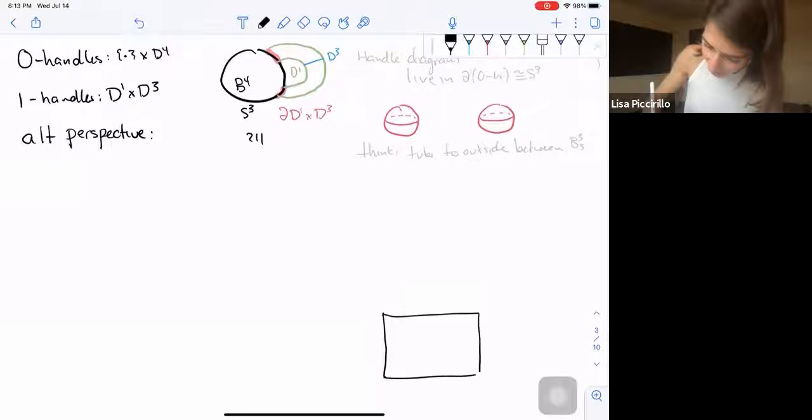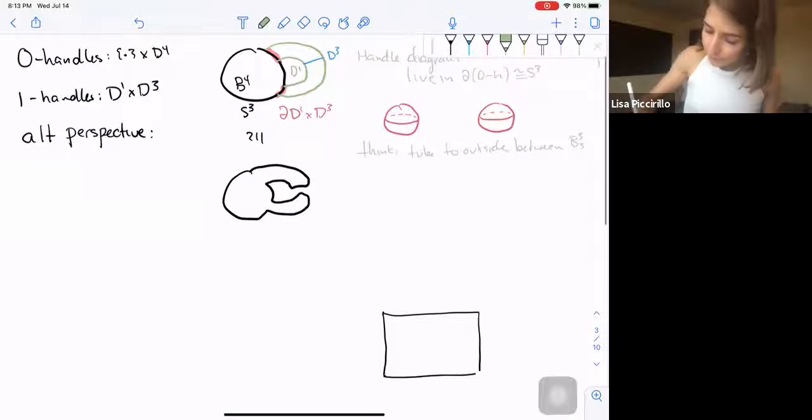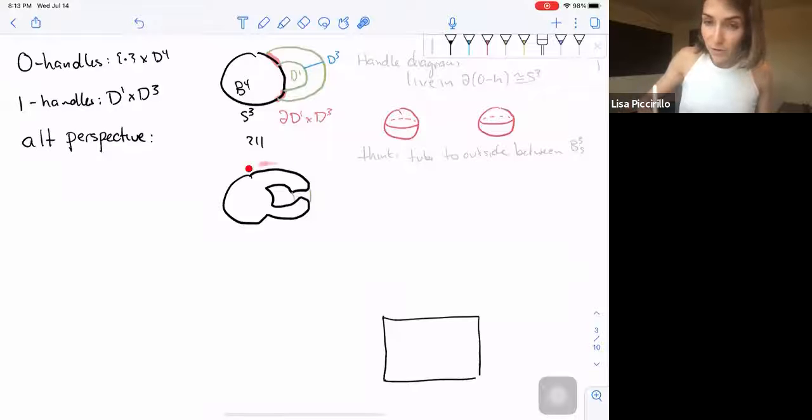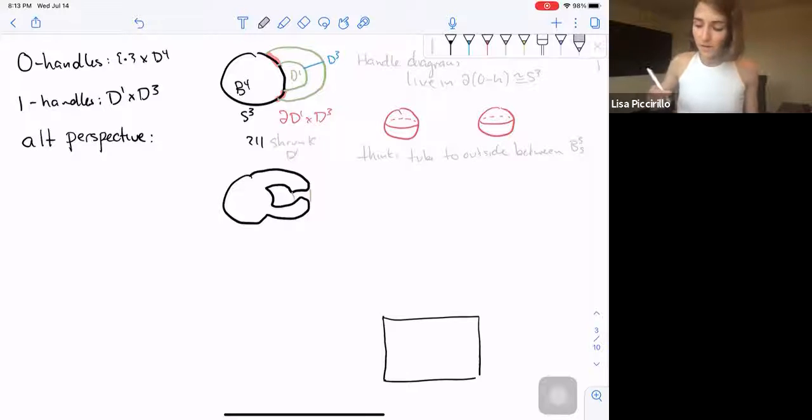Let me draw it and then you'll see that it's a little demonic, at least sideways. Okay, I claim that this manifold up here, our standard schematic for a 4 ball with a one handle, is diffeomorphic to this thing right here. And what I've done to write down this diffeomorphism is I've shrunk the D1 of the one handle, right? So now my one handle appears very, very short.